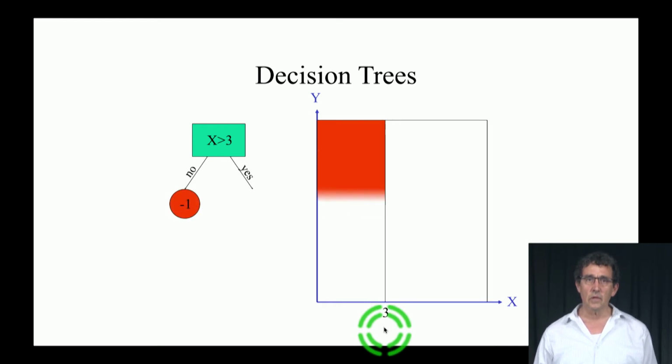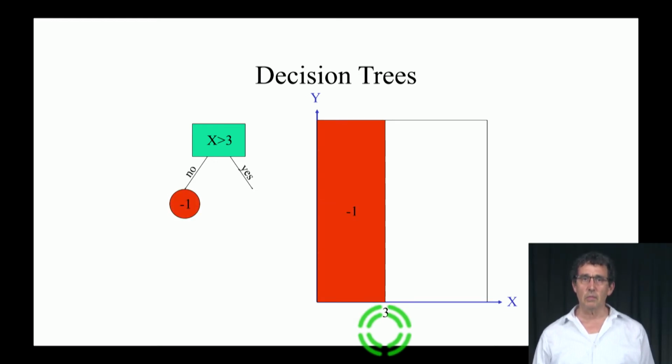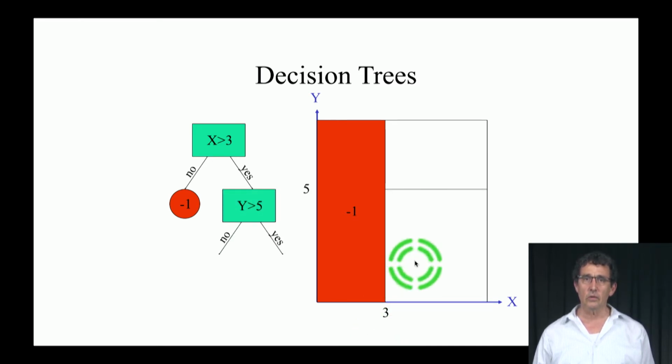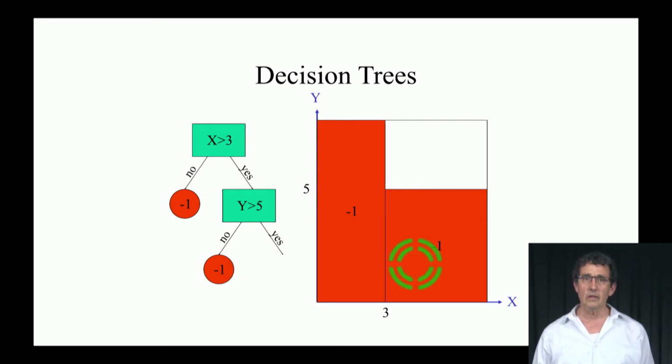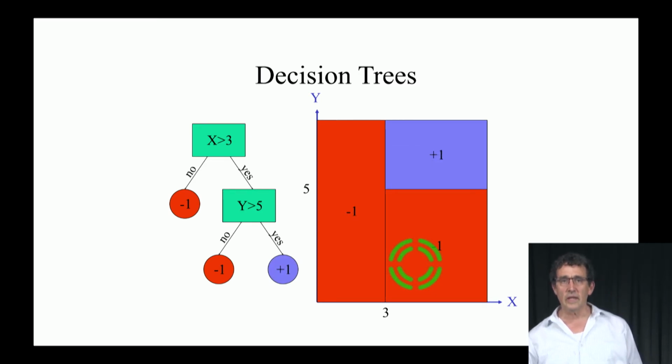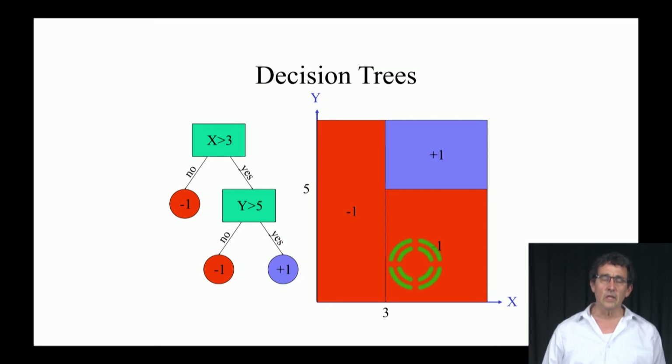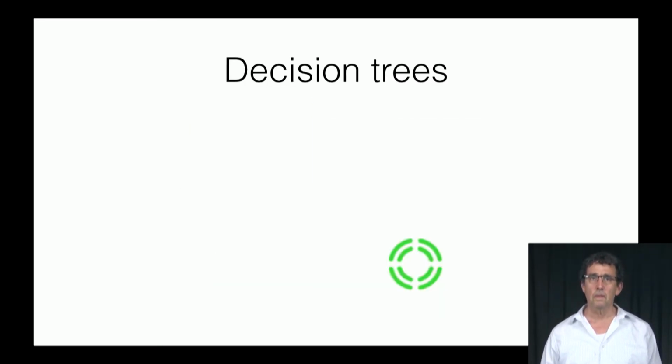On the no side, we have the prediction -1, so we're done here. On the yes side, we check y, which is a split on the y value, and if it's no we get -1, and if it's yes we get +1. This is a convenient representation. We'll be using it later to explain some other things.